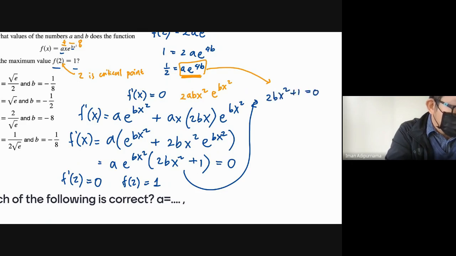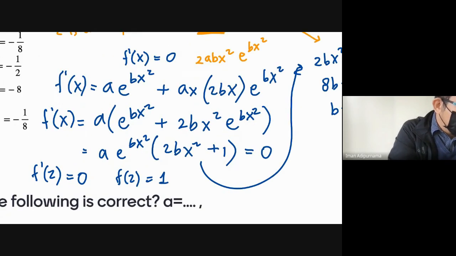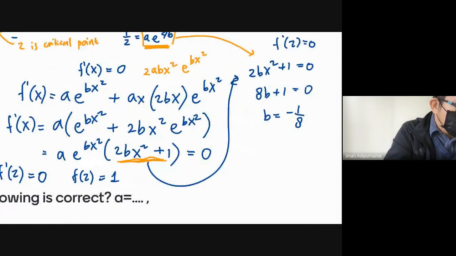So let's put it in: this will be 8b plus 1 equals 0. So b will be negative 1 over 8. If we do this, then we know that the factor 2bx squared plus 1 is making the equation 0, right? Okay. So we got b equal to negative 1 over 8.